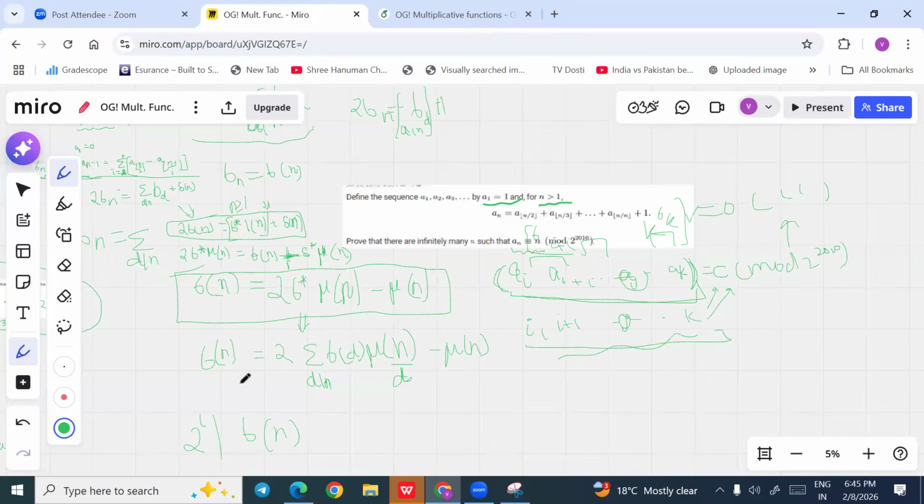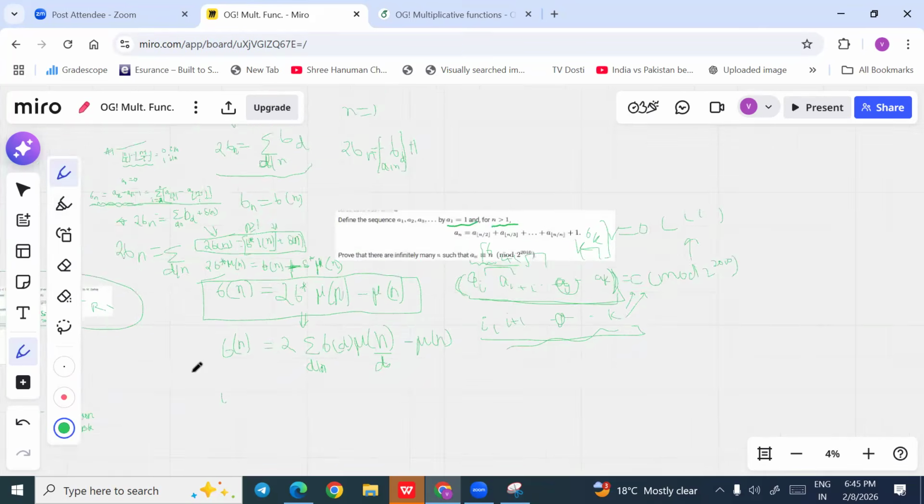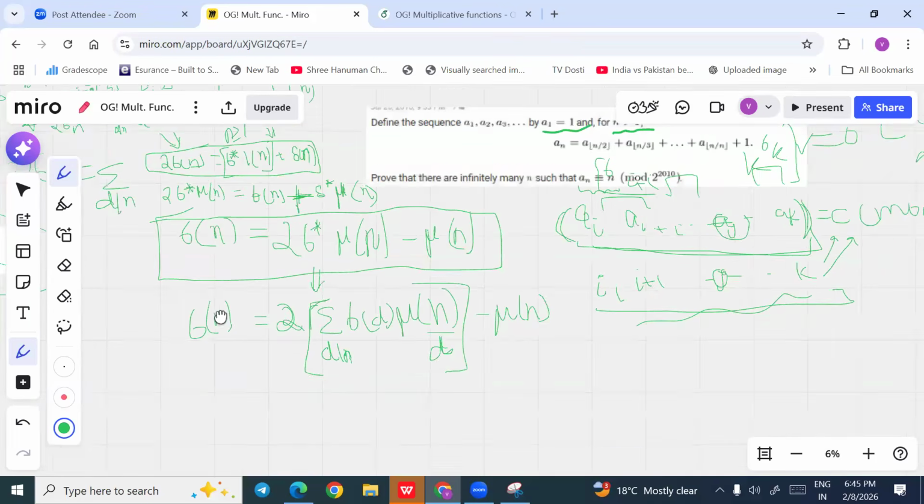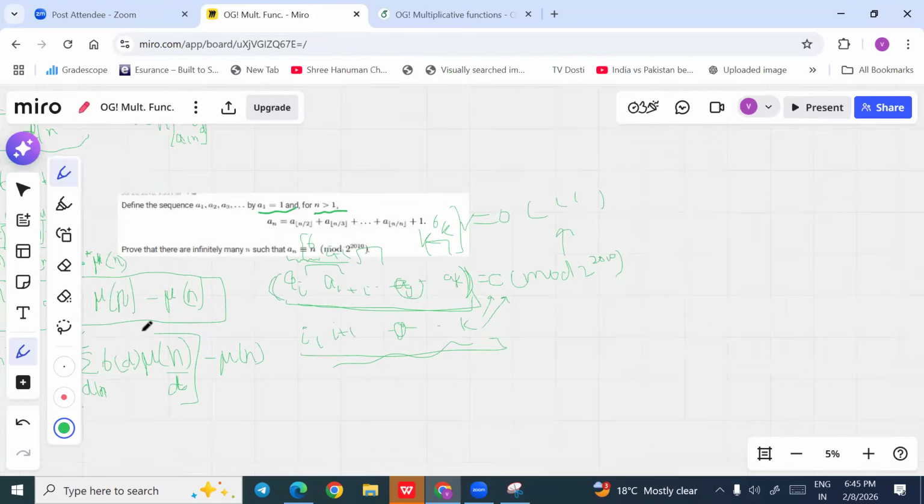That's interesting. So if you try to write down our first few terms... Now the remaining idea is that you have this extra coefficient of 2 and you want 2 to the 2010 to divide the b_i.